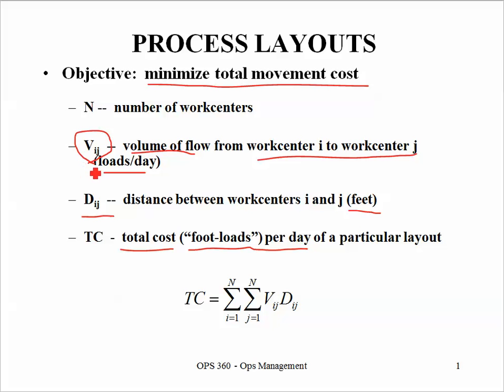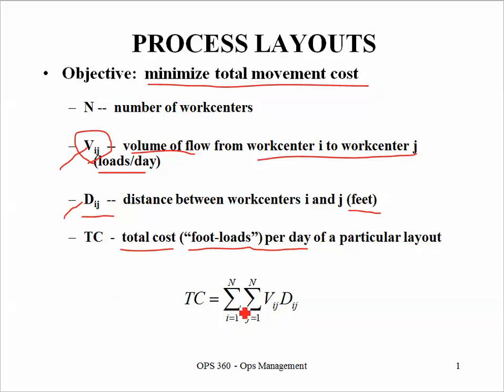So for a particular pair of work centers, we multiply the loads per day times the distance between those work centers, and we get the footloads per day for the cost of those two work centers given where they're located in our layout.